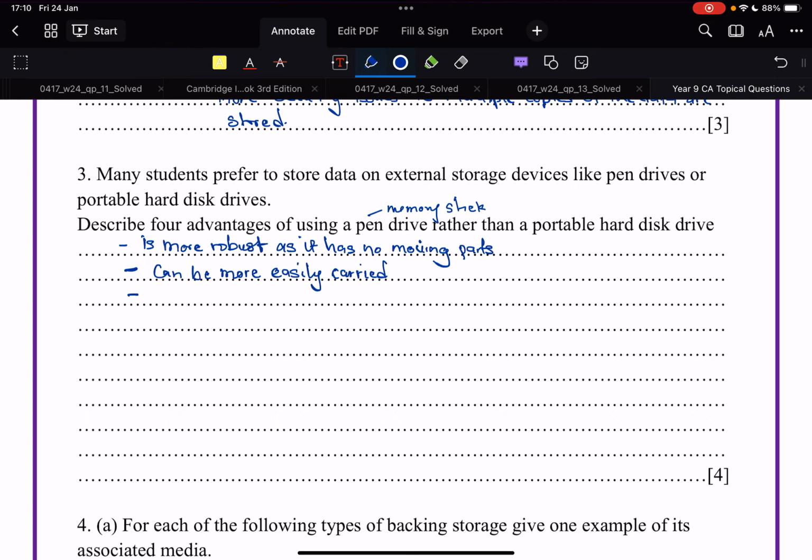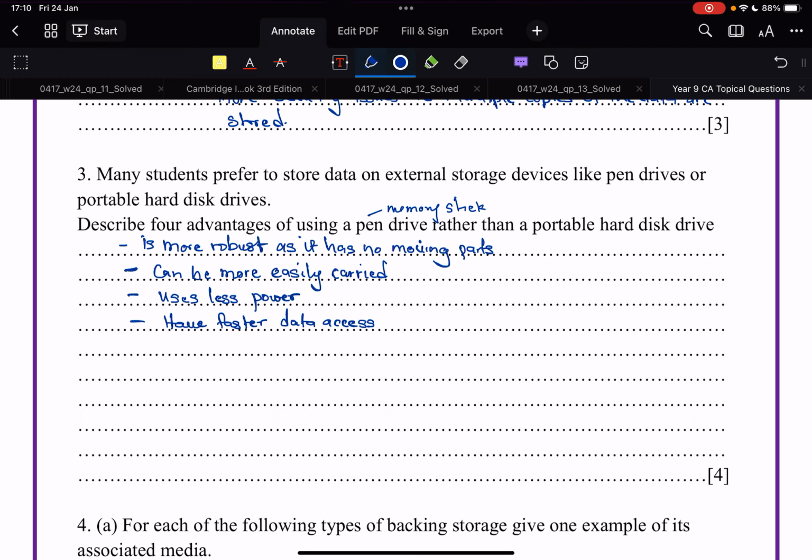So let's look at the next one. It uses less power because it has no moving parts. Another one is that it has faster data access.